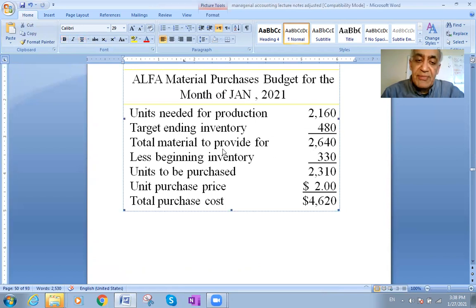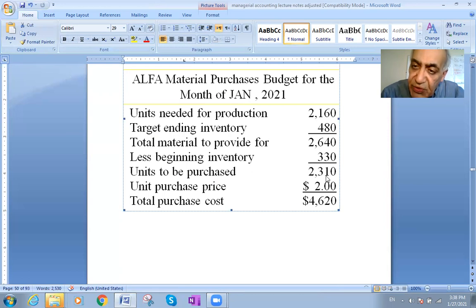So all comes to 2,640 materials to provide. But the beginning inventory, 330, we have to deduct. So 2,640 minus 330 gives me units to be purchased, 2,310.